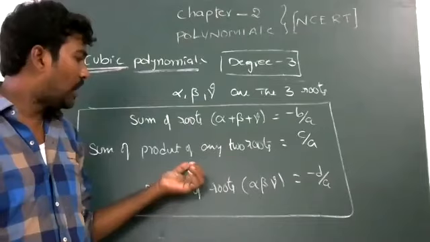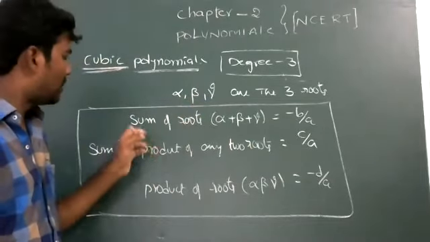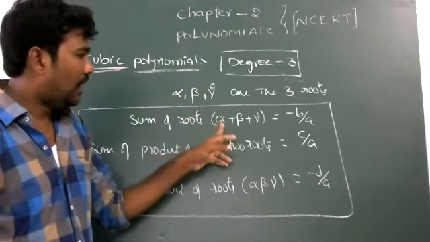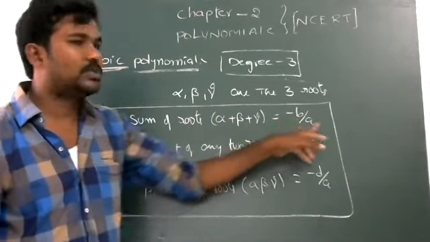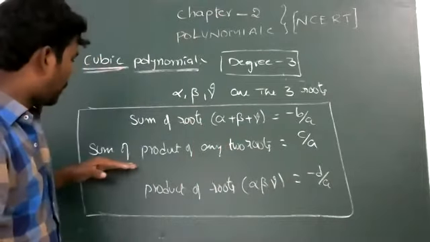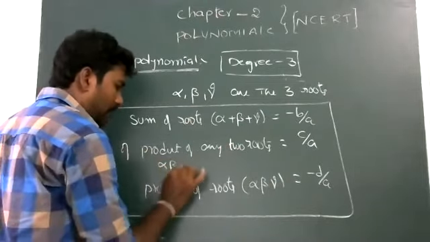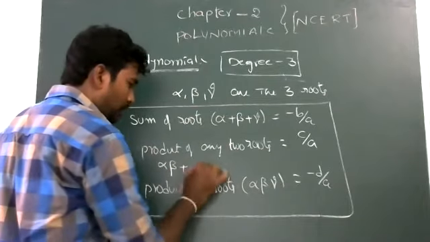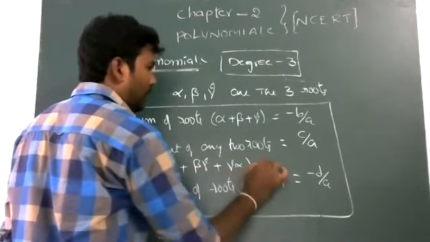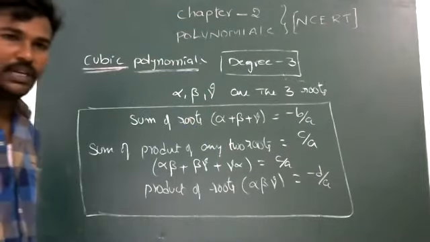But here one more additional thing is there. Sum of zeros alpha plus beta plus gamma equals minus b by a. Same formula. And then the sum of the product of any two roots: alpha beta plus beta gamma plus gamma alpha equals c by a. Is it clear now?